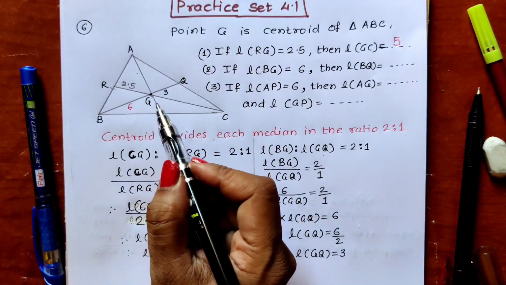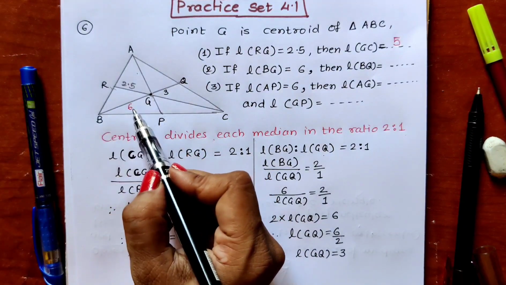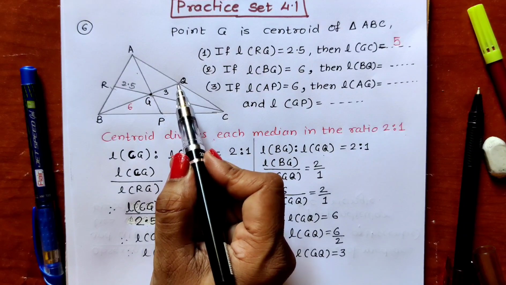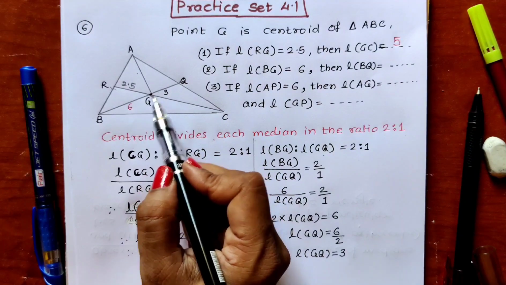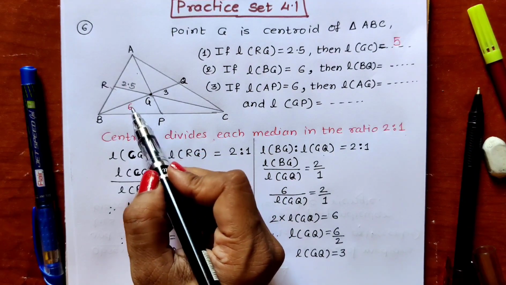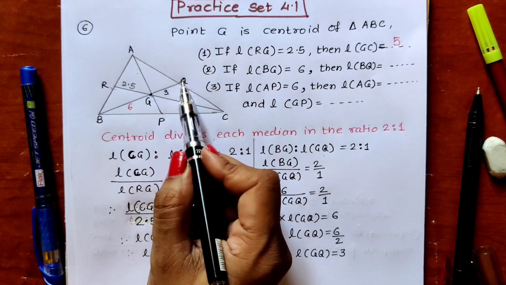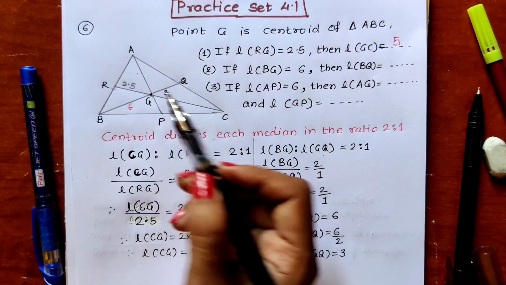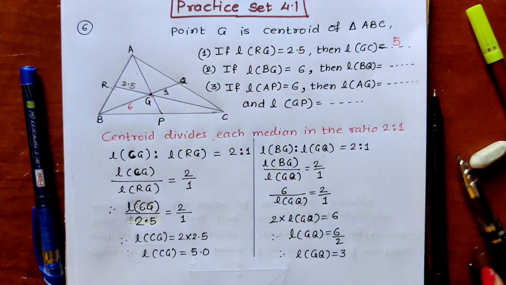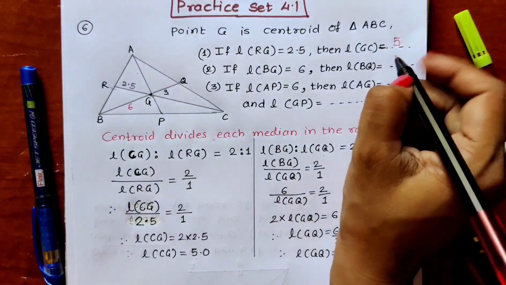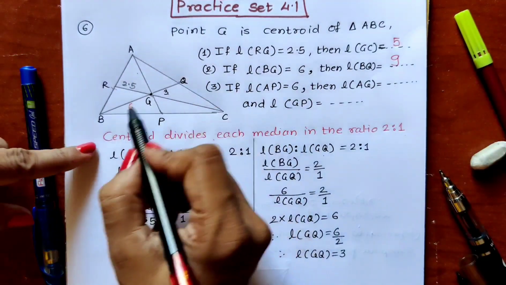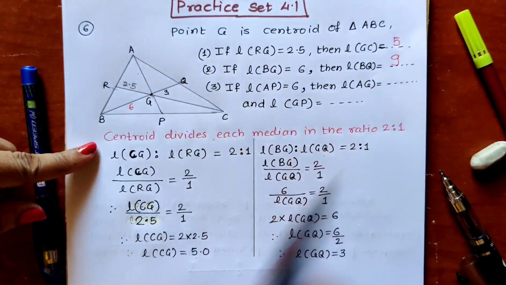Otherwise you can do it orally. The bigger part is 6, so the smaller part is half of this, half of 6 is 3, and PQ will be 6 plus 3, which is 9.